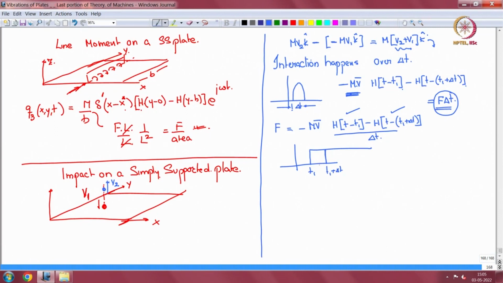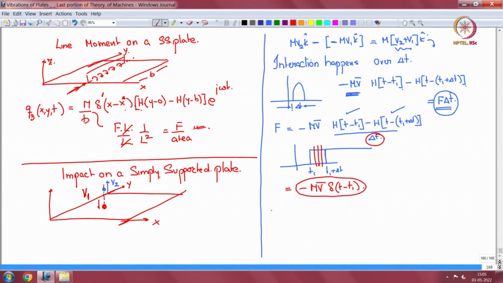Now as delta t becomes smaller and smaller, this line comes closer and closer to t1, but I have a delta t in the denominator also, so this becomes minus mv bar delta(t minus t1). It becomes an impulse. Okay. So what is my descriptor now? This is the force descriptor.